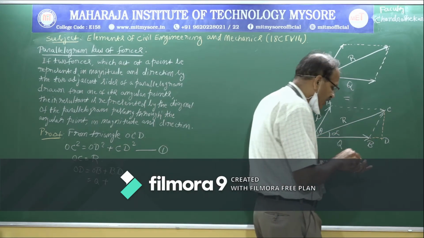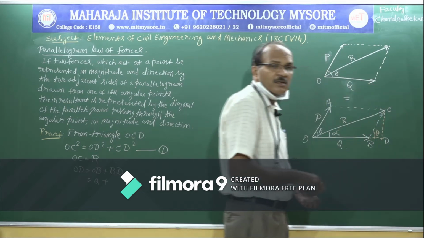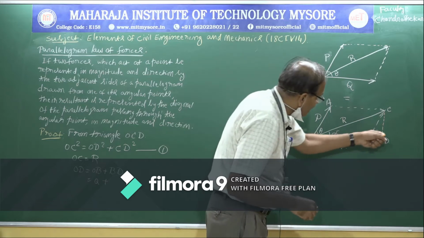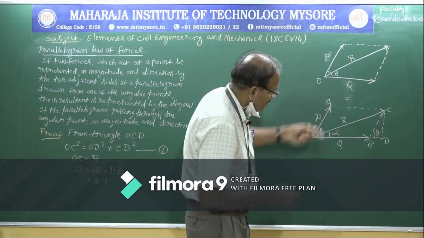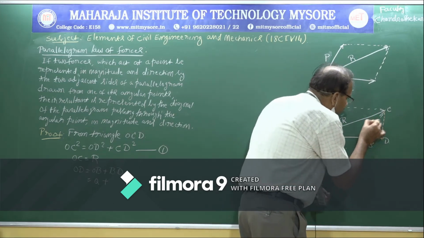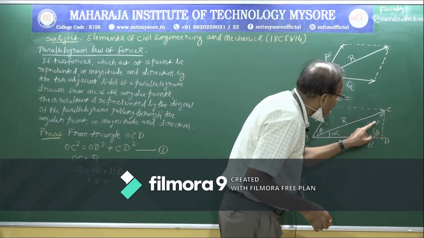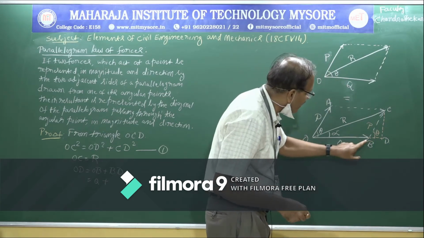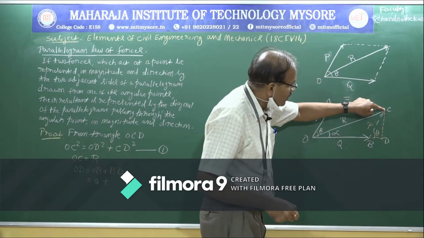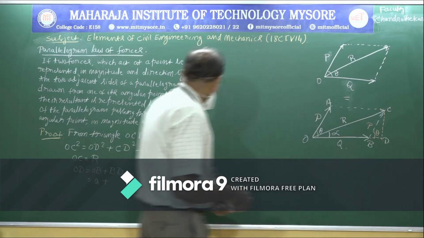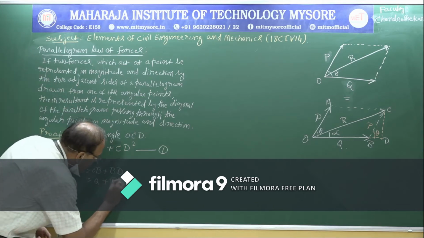So this should be theta as well, because these two angles are corresponding angles. Once this is theta, and we know this is P, this is same as this, so I am going to write this as P. Then BD becomes P cos theta, that is cos theta equal to BD divided by the hypotenuse, which is BC. So BD equal to P cos theta.